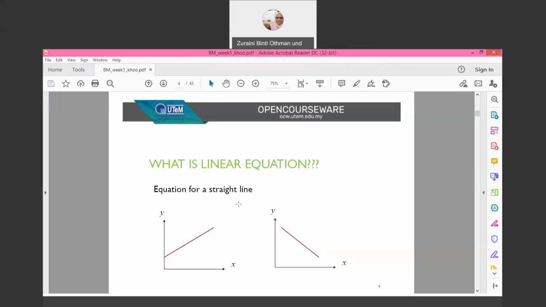We can illustrate or state that this is the increasing straight line and this is the decreasing straight line.